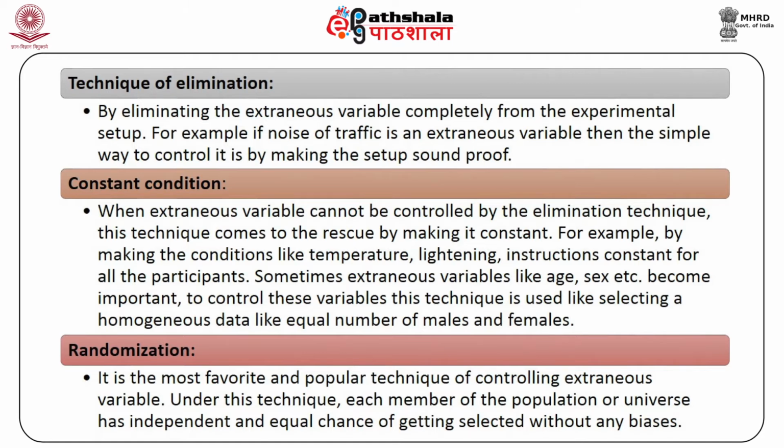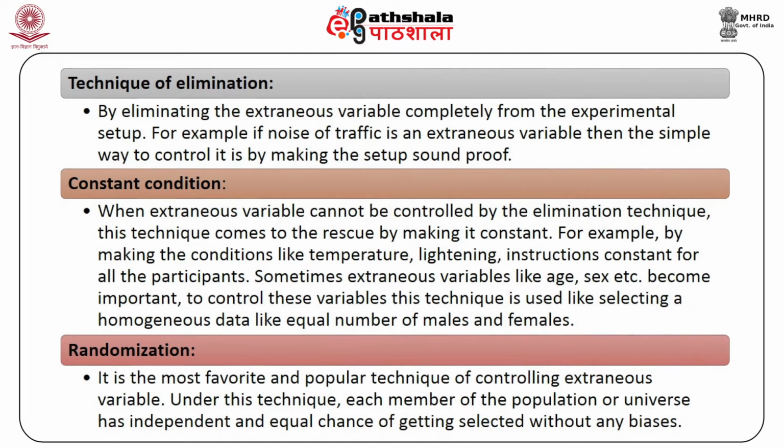For example, if noise of traffic is an extraneous variable, then the simple way to control it is by making the setup soundproof. But sometimes this technique is very difficult to manage, like variables in age, sex, etc.